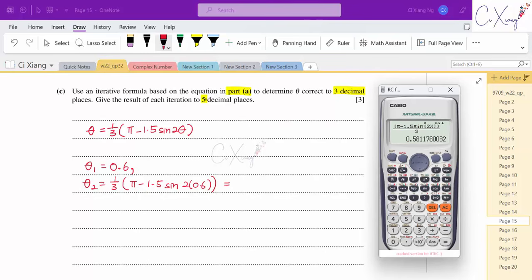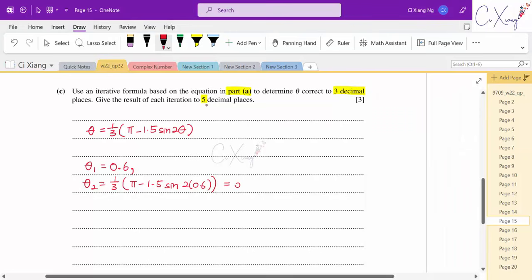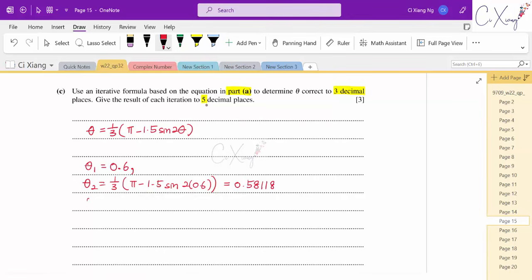From here we get 0.581178, and they are asking for 5 decimal places for the iteration result. So 5 decimal places will be 0.58118. To get the third value for theta, I will substitute 0.58118 into my iteration formula again.